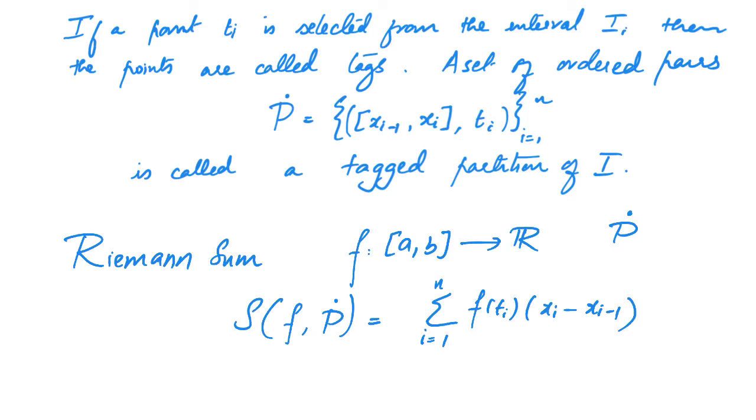Here notice that these quantities, f of ti into xi minus xi minus 1, is the area of the rectangle that we had marked in each of the subintervals. So f of ti is the height and xi minus xi minus 1 is the width of the rectangle. And so the product of the height and the width gives you the area of the rectangle. And this is the sum of the areas of those rectangles. And that is called the Riemann sum for a function f and a partition P dot.